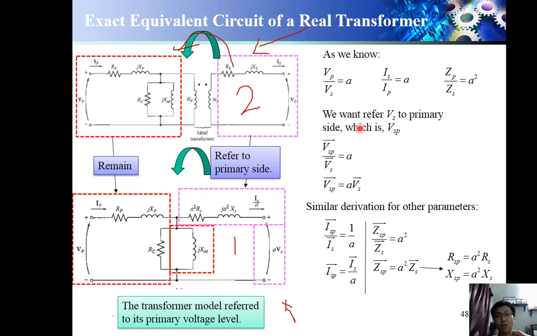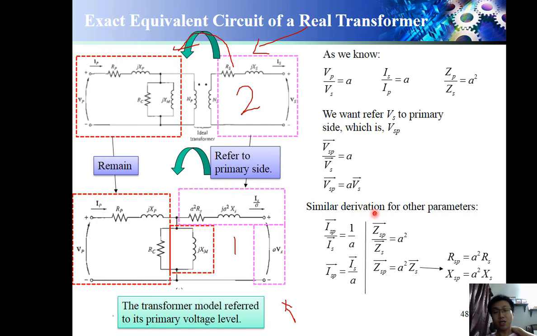We want to refer VS to the primary side, which we call VSP. V secondary referred to the primary side. So VSP is the primary-side value, VS will be retained with my A. So my VSP becomes A VS, like this.